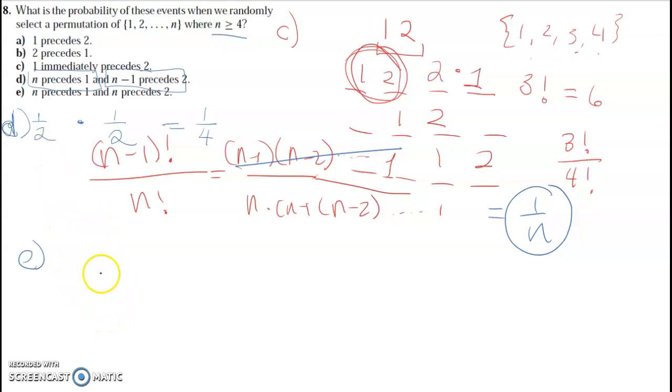So if I do this one over, assuming that our n is 3, just for simplicity, then the probability of n preceding 1 and 2, we would have just 3 cases. So 3 is our n at this moment. We would have the cases where it would be 1, 2, or 2, 1.